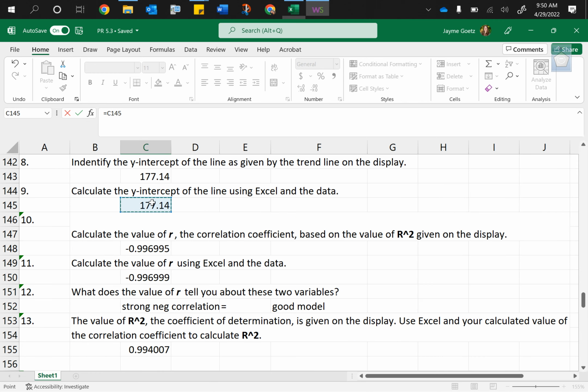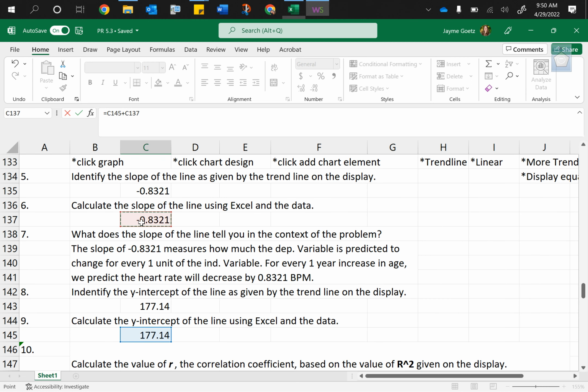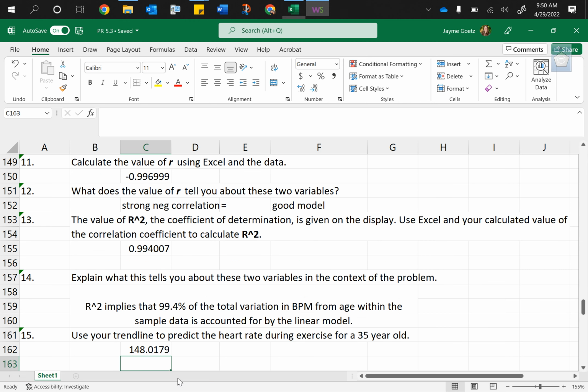Cell reference for y-intercept plus cell reference for your slope times 35. Use the cell references, don't round, really important. And that tells me that I should have an average heart rate of 148 beats per minute.